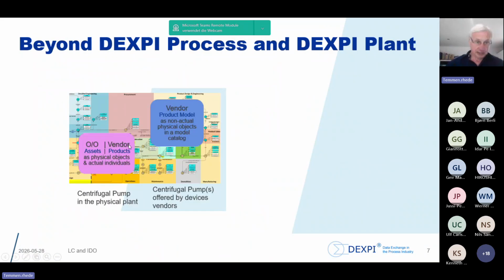And beyond DEXPI, there is a world of the equipment, of the physical assets, and that is not part of the DEXPI process specification, nor of the DEXPI plant specification, but in our use case, it is also part of the use case.